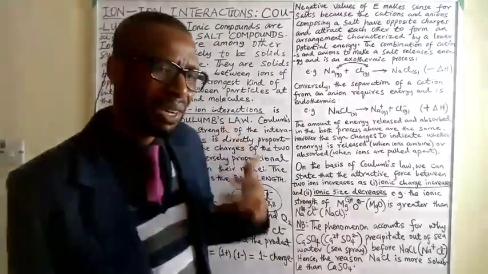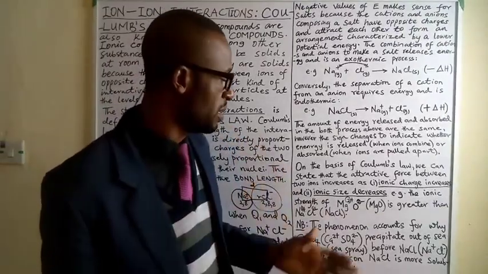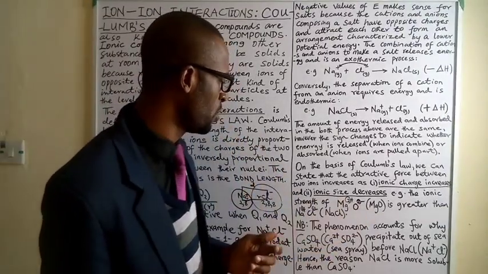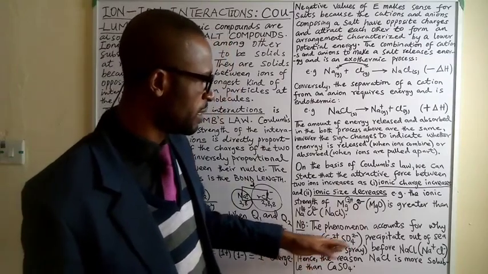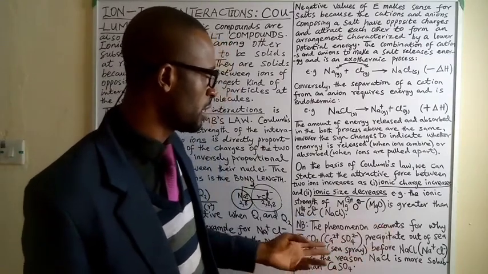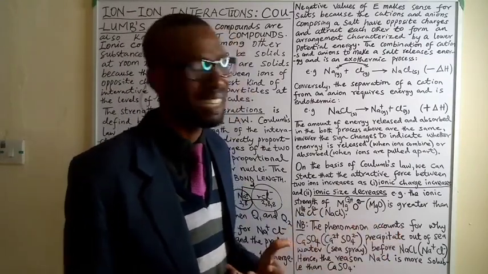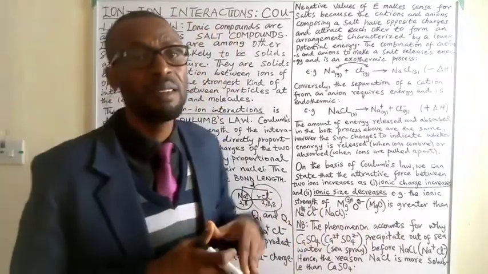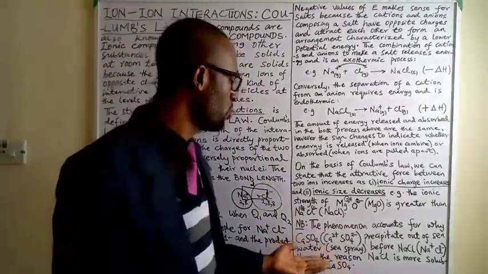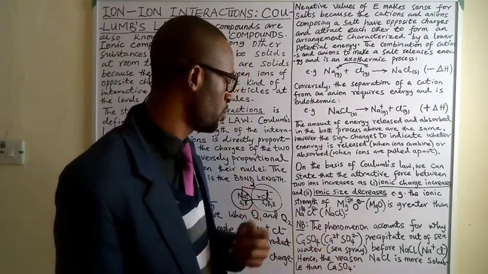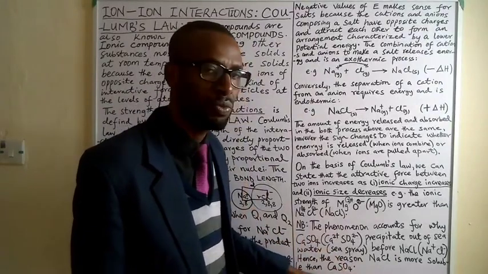And this particular phenomenon accounts for why calcium sulfate precipitates out of seawater or sea spray before sodium chloride. What we are ultimately trying to say, put in another way, is that sodium chloride happens to be more soluble than calcium sulfate.